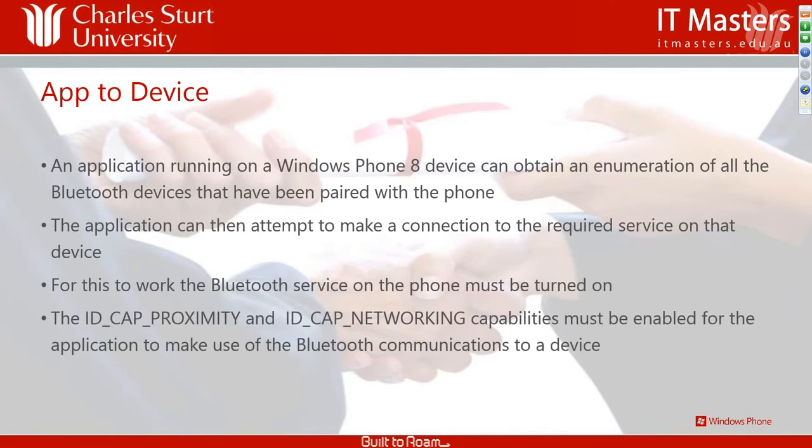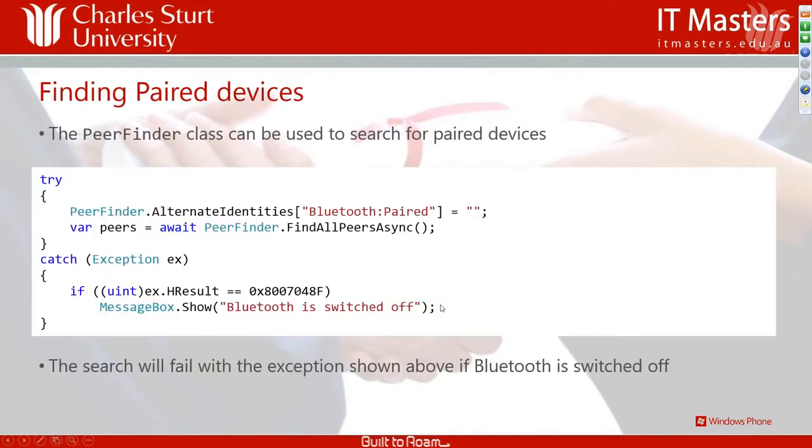In order to set up app to device, the important thing to remember is that you need to specify the proximity and the network capabilities. And we can use the APIs to query the list of paired devices. Here we're setting the alternate identities for paired, and then we're going to query using the find all peers async method. One thing to note is that a rather cryptic error gets thrown if Bluetooth is disabled on the device.